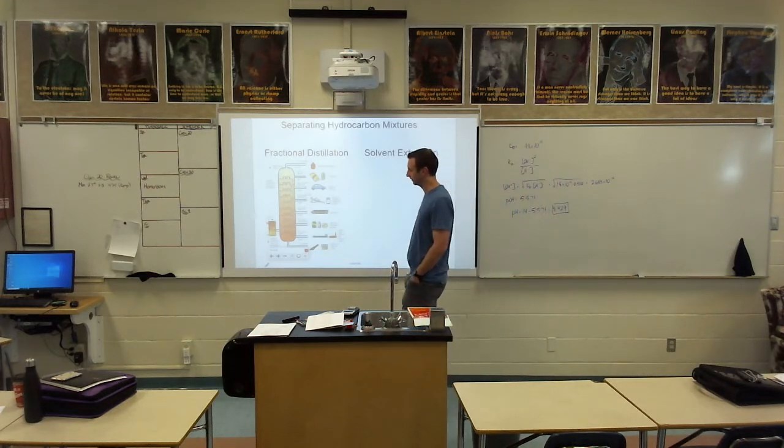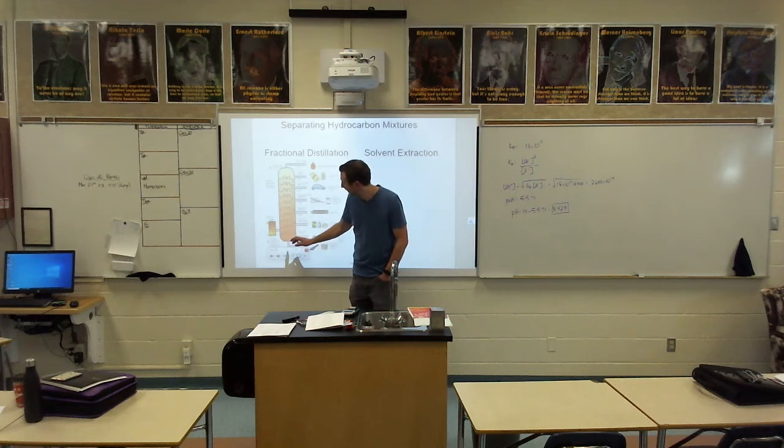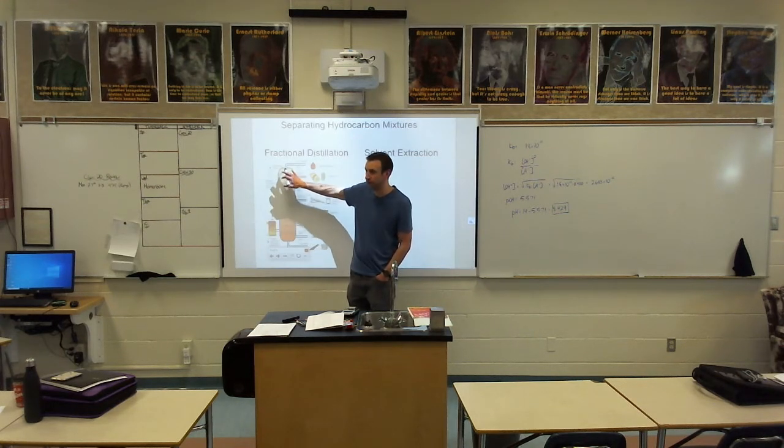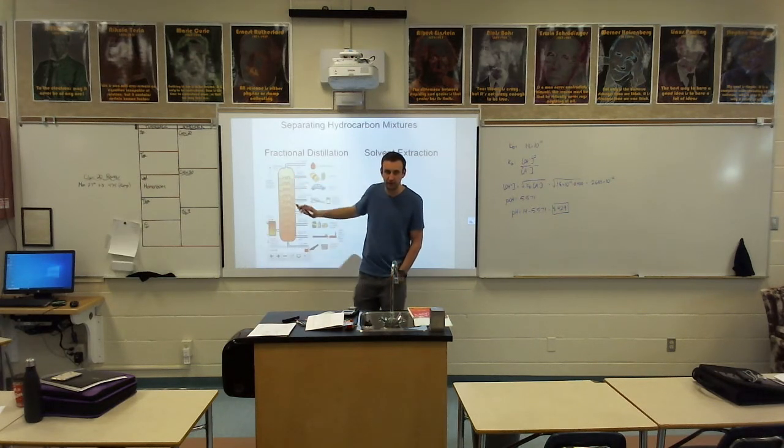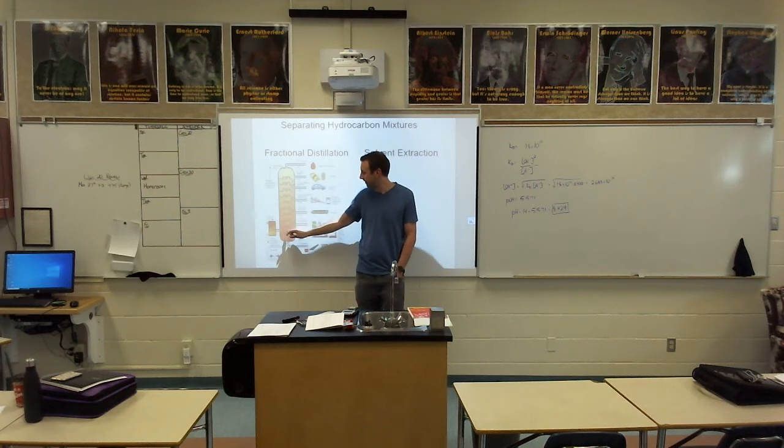So how this works is there is heat at the bottom, fire, furnace, whatever, that's heating this up. It's hotter down here, it's cooler up here. If the temperature at that level is higher than the boiling point of the compound, it boils to the next level.